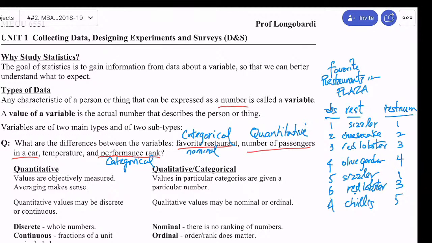That's different from performance rank. The very word rank implies order, and that's why in the assignment of the values, the person who was first ranked performed better than the person who's second ranked, and the second ranked person performed better than everyone who was ranked below them. So in that sense, order matters, and the value actually has a meaning.